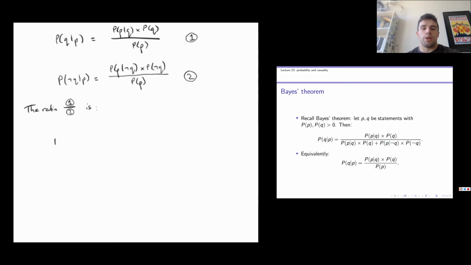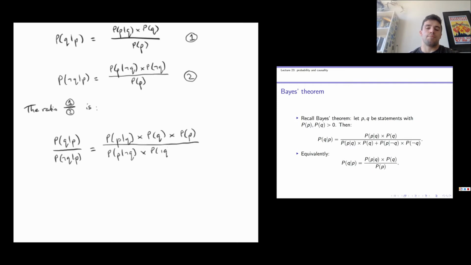Then this thing, P of Q given P over P of not Q given P, by equations 1 and 2 is equal to the ratio of the right-hand sides of these equations, which is P of P given Q times P of Q times P of P, all divided by P of P given not Q times P of not Q times P of P. That's what we get when we divide the right-hand side of equation 1 by the right-hand side of equation 2.